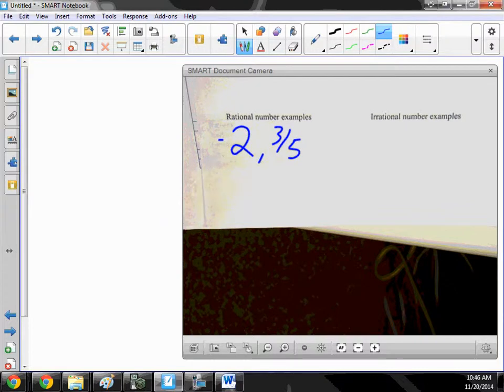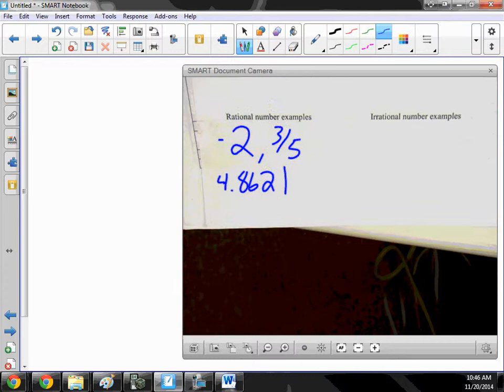Rational. If I have a decimal, 4.8621, and I stop, that's rational. How do I know that stops and it doesn't keep going? There are no dots on it. Is your calculator going to show you the dots? No. That's why you don't trust your calculator.